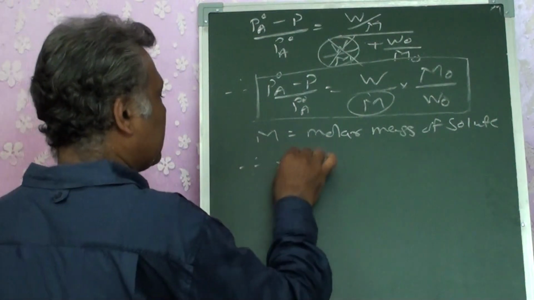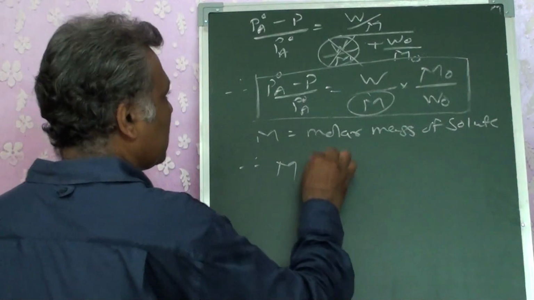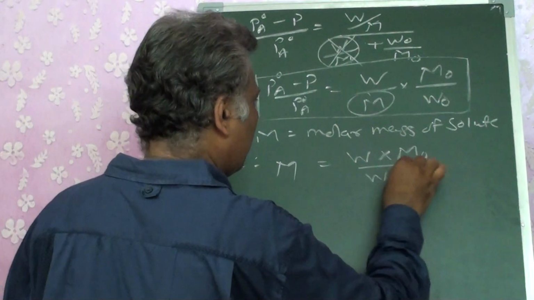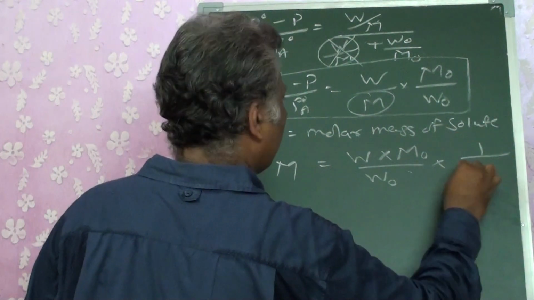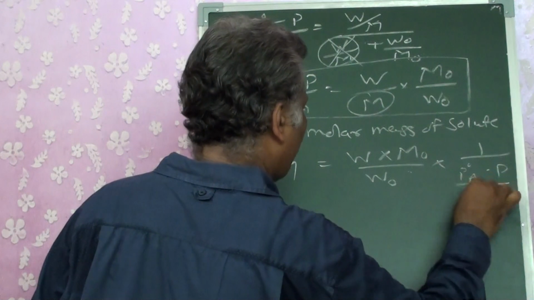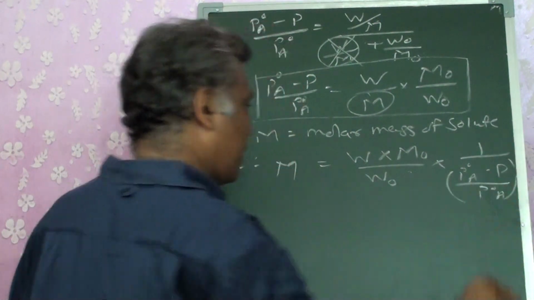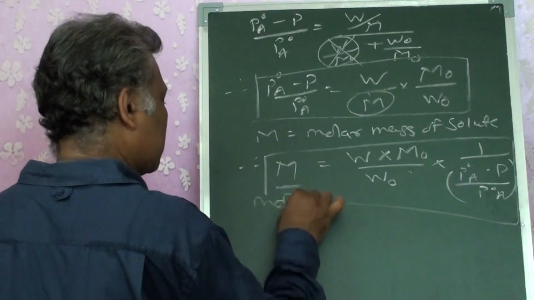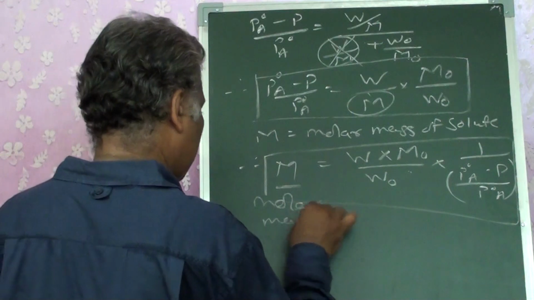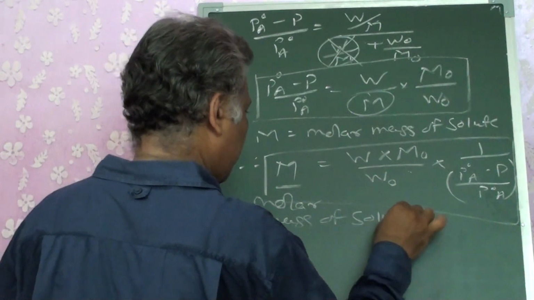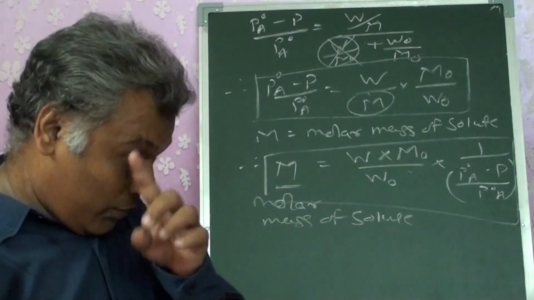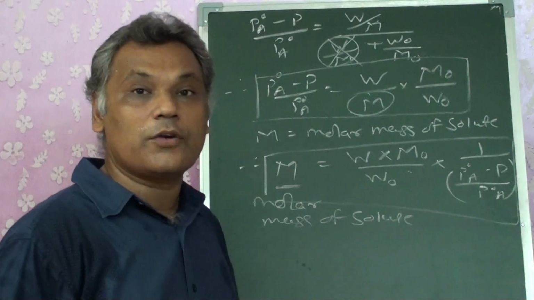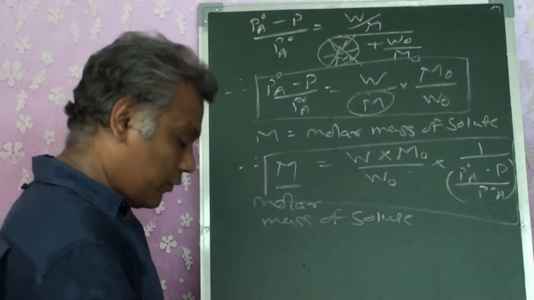Therefore, making molar mass the subject, we get M equals W M naught upon W naught into 1 upon (P naught A minus P) upon P naught A. Using this formula, we can calculate the molar mass of solute. Therefore, from this we have a formula to calculate the molecular mass of the solute.